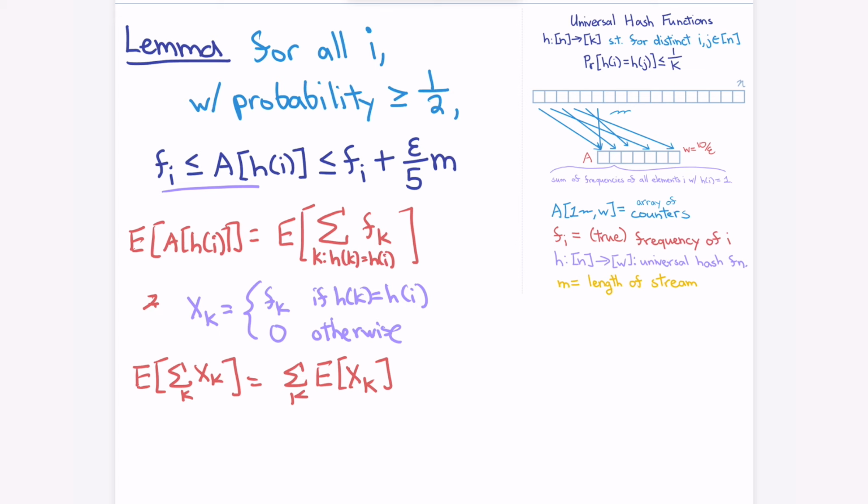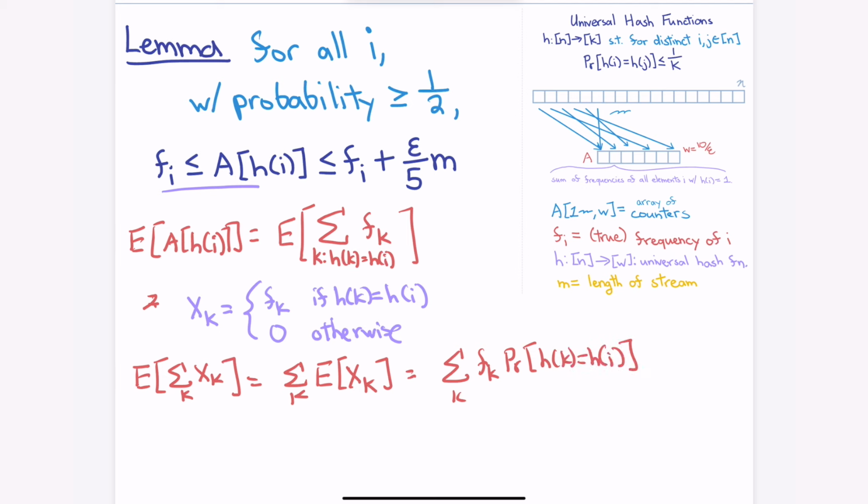Okay. All right, good. So for any particular k, I think there are actually two cases of interest. What do we get? For most of those other elements, f of k times the probability that h of k is equal to h of i.